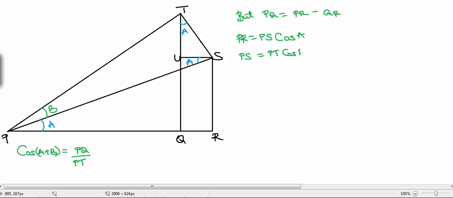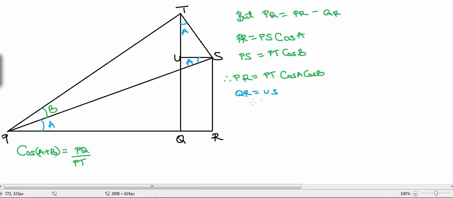And you also see that PR can be expressed in terms of cos A. Cos A is equal to PR, which is its adjacent, over PS. So if you make PR the subject, you'll obtain that.